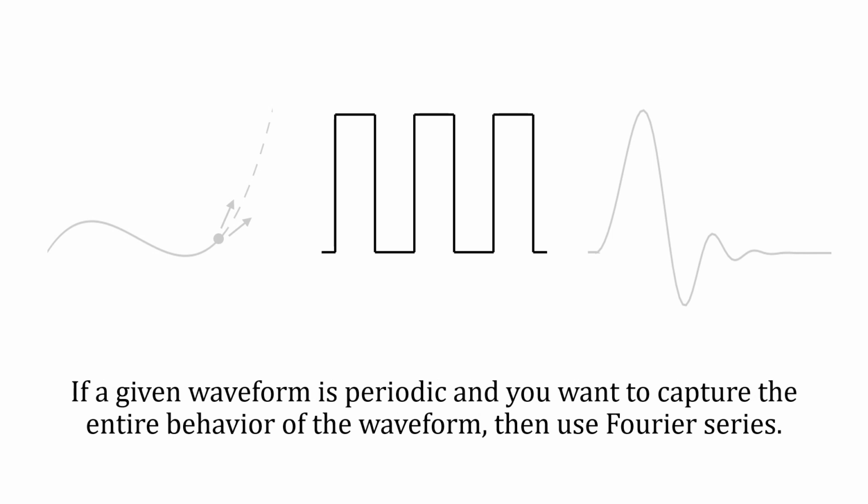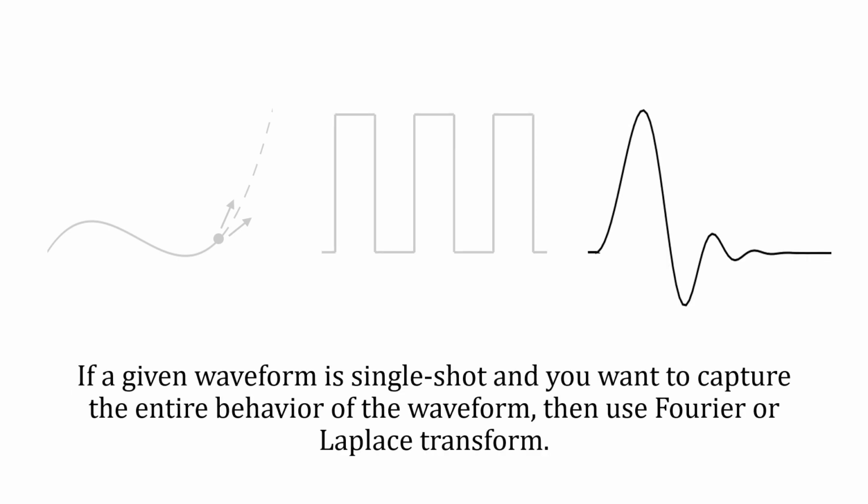If a given waveform is periodic and you want to capture the entire behavior of the waveform, then use Fourier series. If a given waveform is single-shot and you want to capture the entire behavior of the waveform, then use Fourier or Laplace transform.